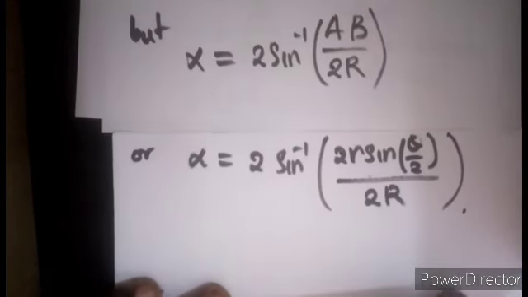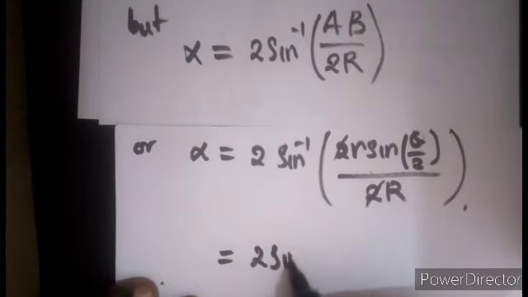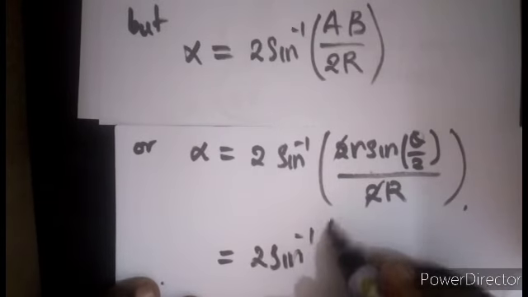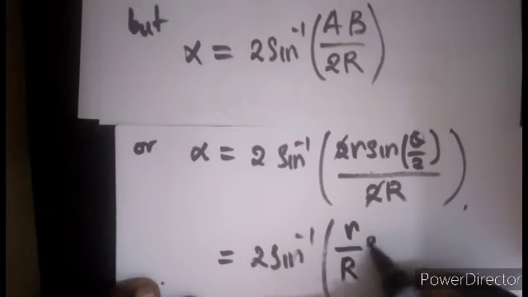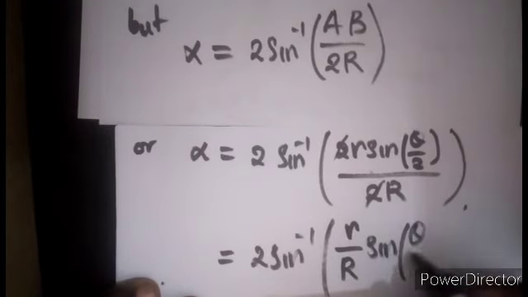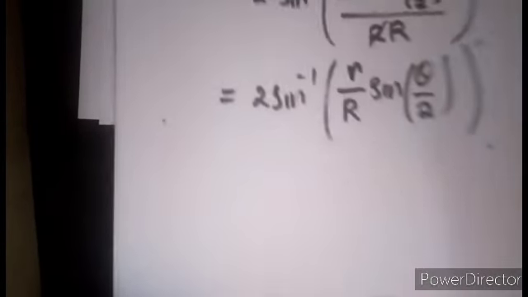Okay, 2 cancels 2, so we have the sine inverse of r sine theta over 2 all over r.